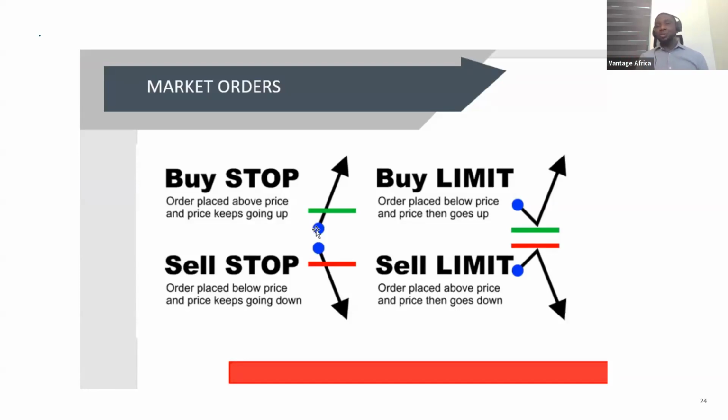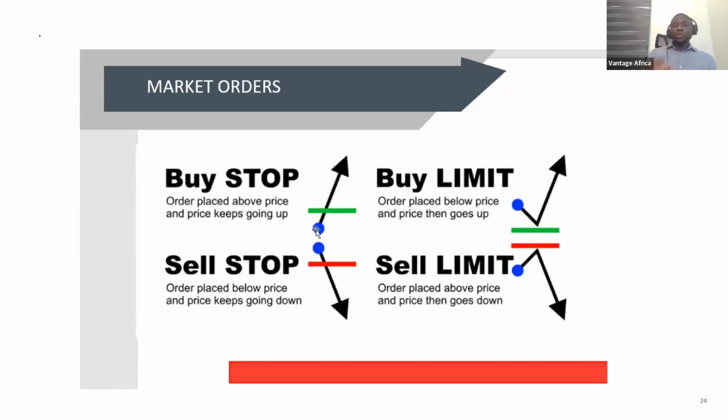Now, another thing also is that, remember, after you place your price, the system will also ask you for a stop loss and take profit. If you input a wrong take profit or a wrong stop loss, it will still not be active. You will not be able to place the trade.